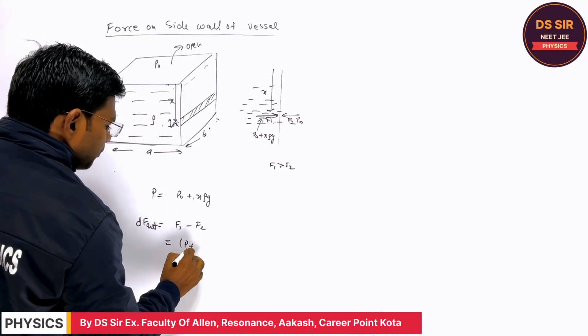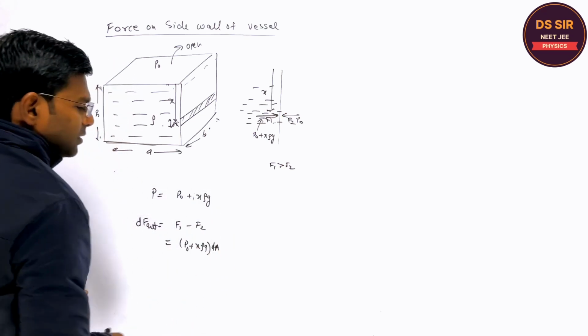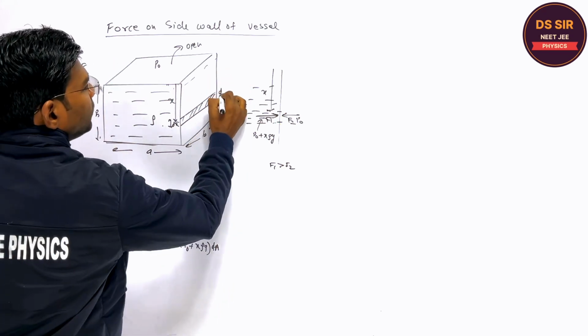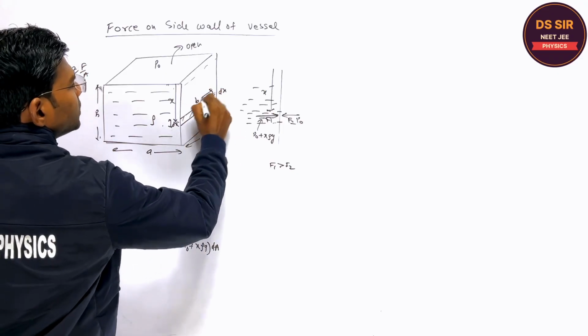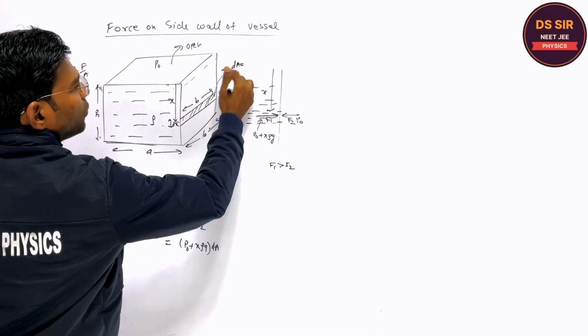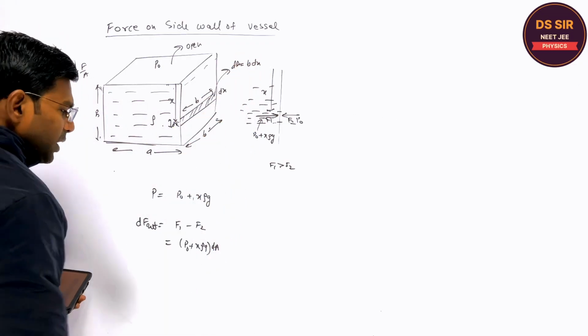This pressure, P naught plus x rho g, into area. The area is the area of this strip. If the width is dx and the length is B, the area you may write as length into width, B into dx.